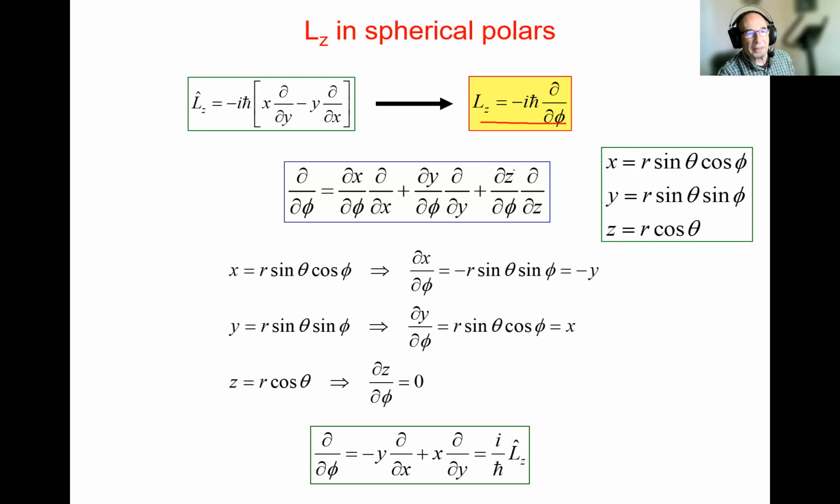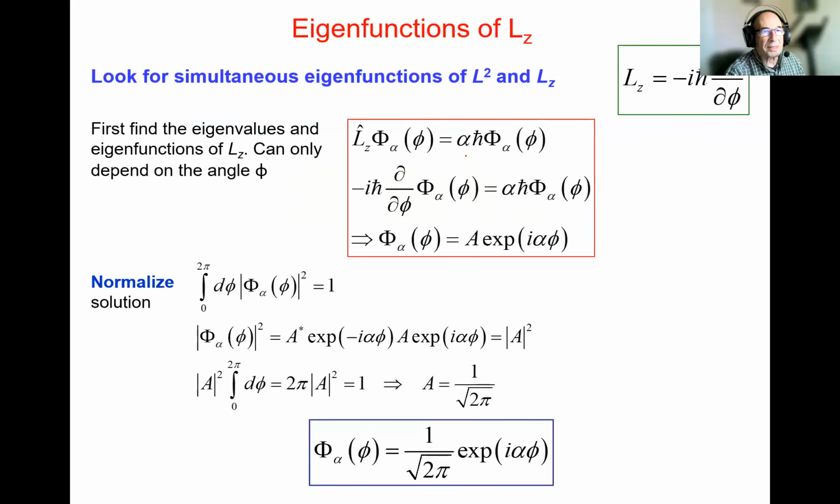This is the simplification we get from using spherical polar coordinates. Now we need to use this operator and find its eigenfunctions and eigenvalues.